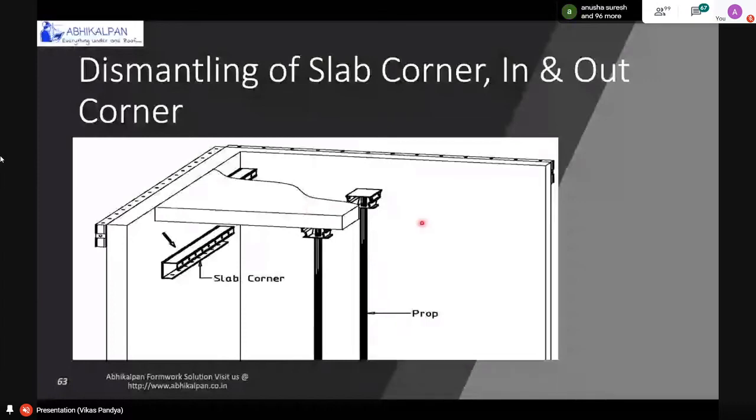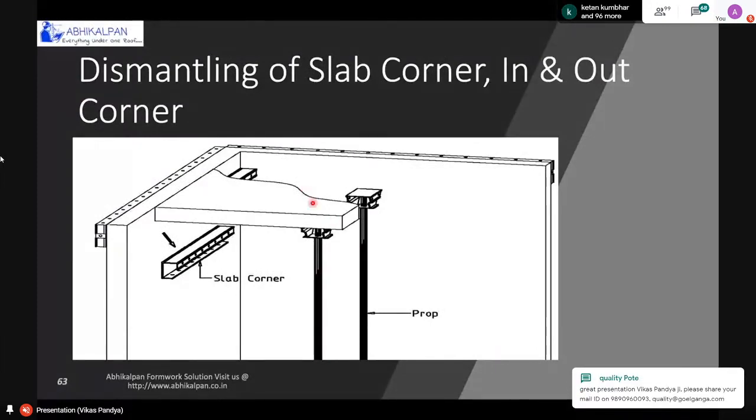But we don't dismantle the prop head because the concrete will not have enough strength to support itself. So we will dismantle these props after 1 or 2 castings, after achieving the proper strength of the concrete.